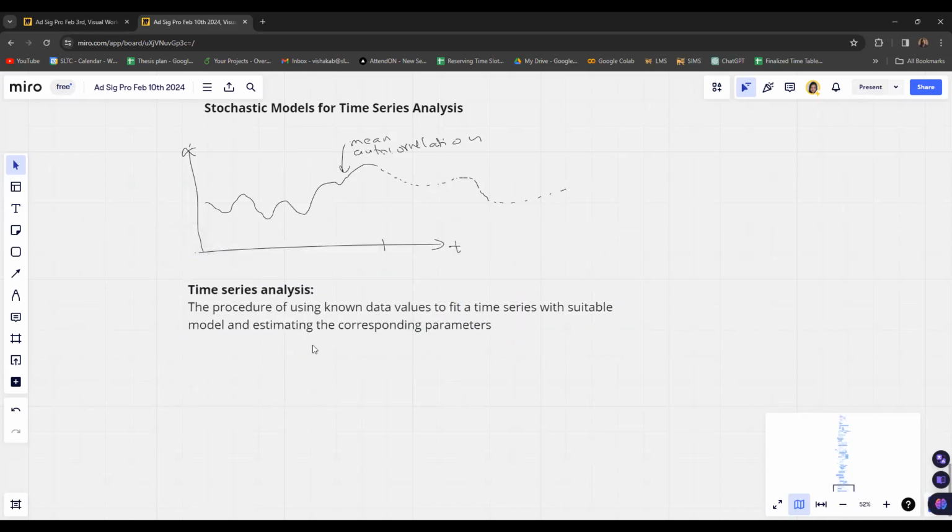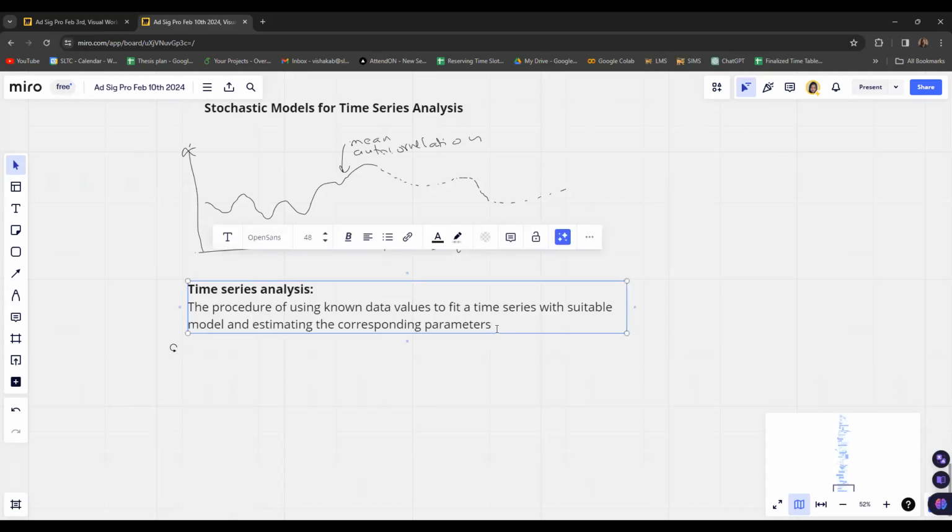So the procedure of using known data values to fit a certain time series with a model, and using that model to estimate corresponding future parameters, or parameters of the next time instances. So we are going to predict the future signal values.